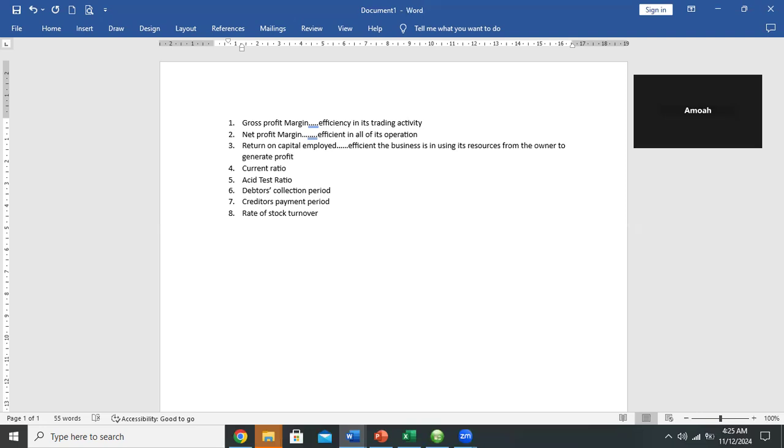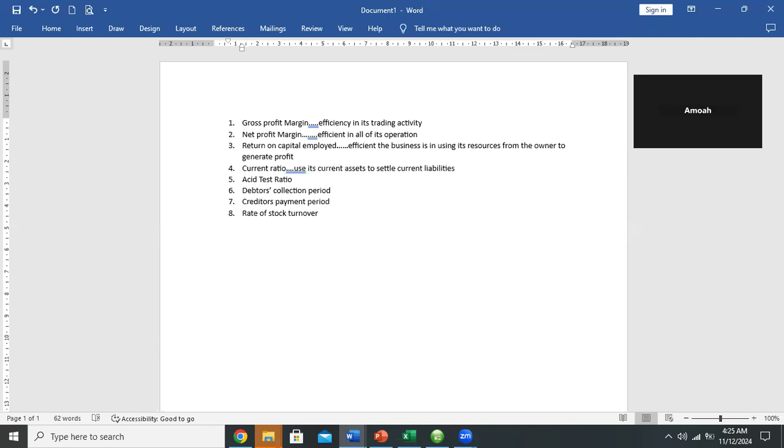Then the current ratio is looking at how the business can use its current assets to settle current liabilities. Okay.